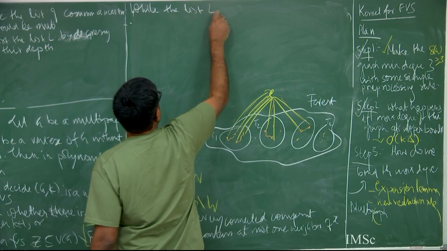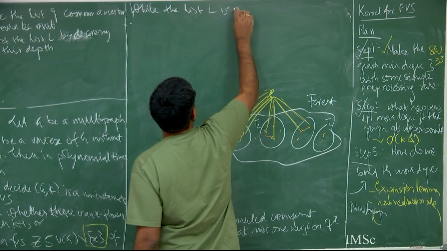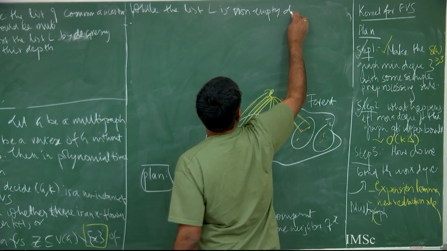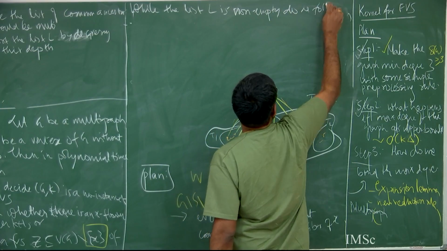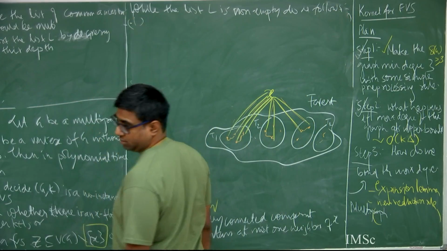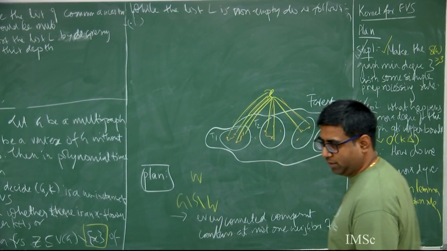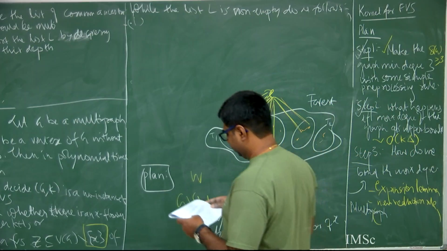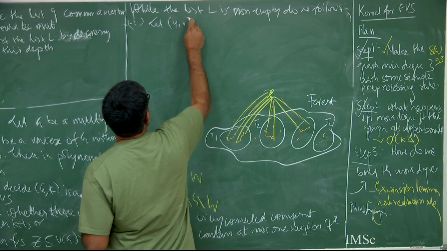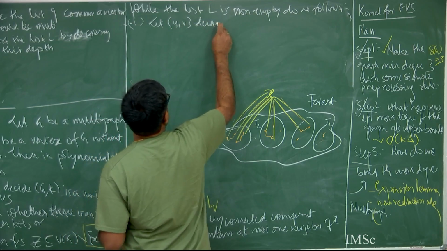While the list L is non-empty, we do as follows. Let UV denote the pair.